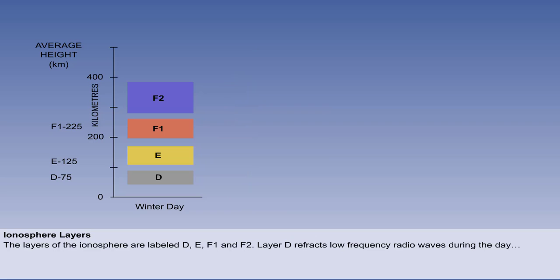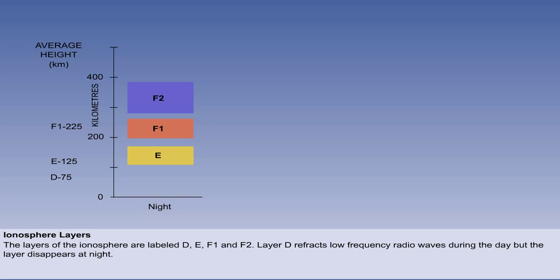Layer D is found at an average height of 75 kilometers in the atmosphere. Ionization is low, because it is the lowest region of the atmosphere to be ionized. It has the limited ability to refract signals of low frequencies, but the waves of most frequencies are attenuated or pass through it.